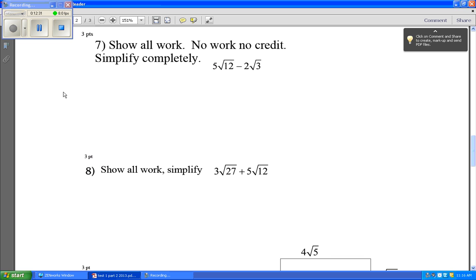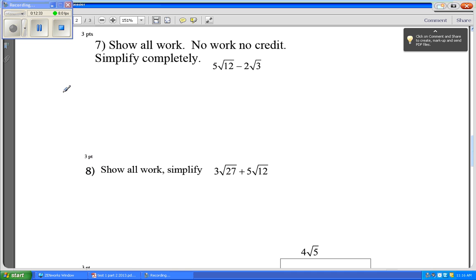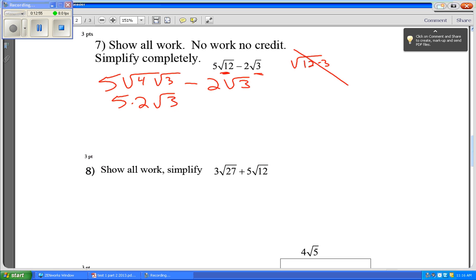Can I subtract radicals? Do not get fooled. We cannot do that. That's wrong. We have to get a common number inside the radical. Let's just simplify 12 as being square root of 4 times square root of 3. And 2 square root of 3, because 3 is a prime, we can't simplify it anymore. 5 times 2 square root of 3 minus 2 square root of 3.